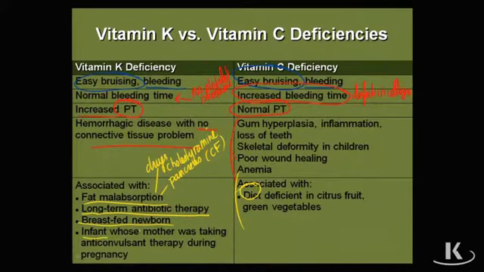The one that is most unlikely but still potentially tested would be the infant whose mom is taking anticonvulsant therapy during pregnancy. It's unlikely because if you remember well your pharm, taking drugs like phenytoin, carbamazepine is teratogenic. So more often than not, people on anticonvulsants do not become pregnant.